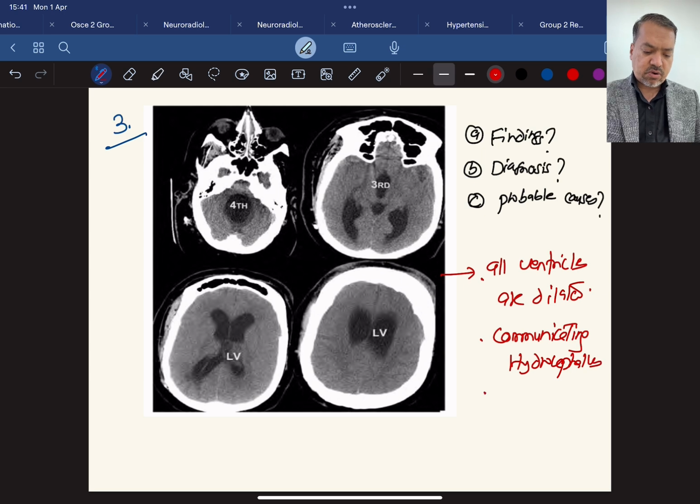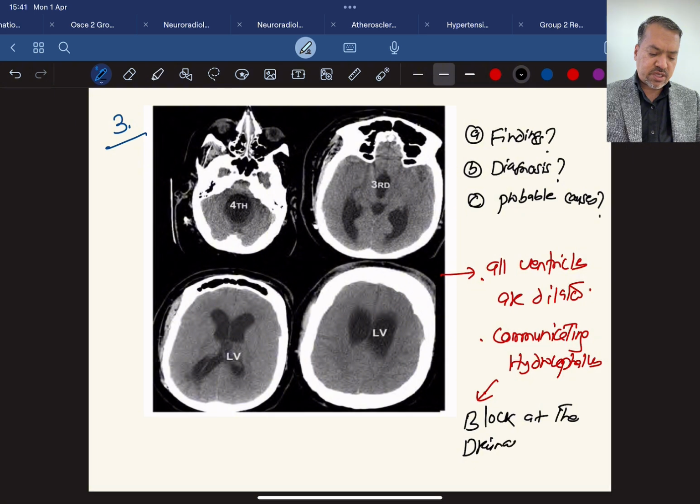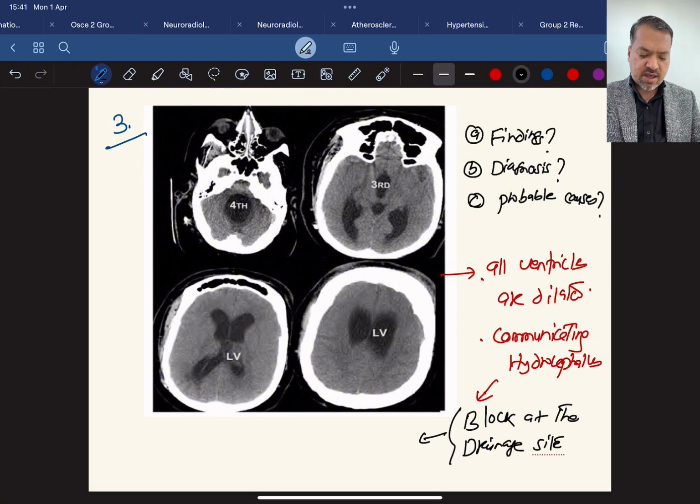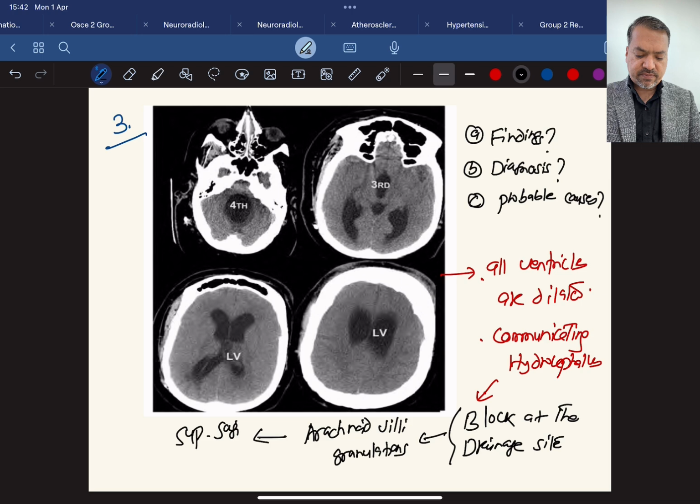And what is the probable cause? Remember, communicating hydrocephalus is usually caused by a problem in the drainage site of the CSF, meaning there is a block at the drainage site. So where is the drainage site for CSF? Very easy question. That is the arachnoid villi and arachnoid granulations, and through there the CSF drains into the superior sagittal sinus.